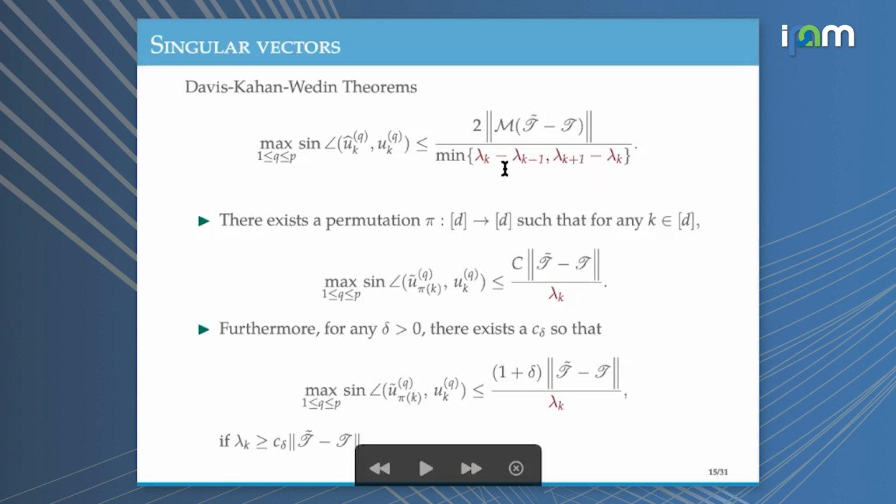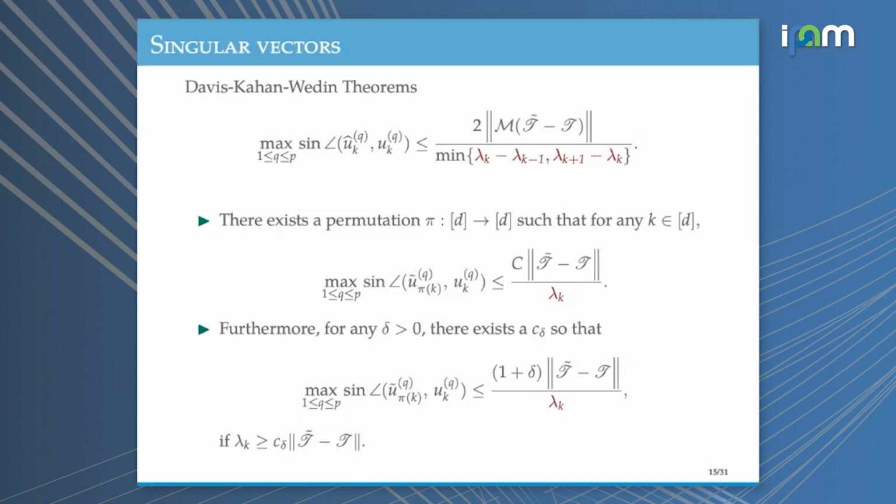What this means is that this depends not only on lambda k, the k-th largest singular value, but also on how different the k-th singular value is from the (k-1)-th and the (k+1)-th. For those who have experience doing data analysis with matrices, this is an annoying factor that we have to live with in many different applications.